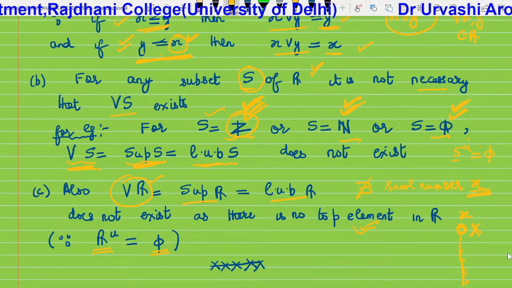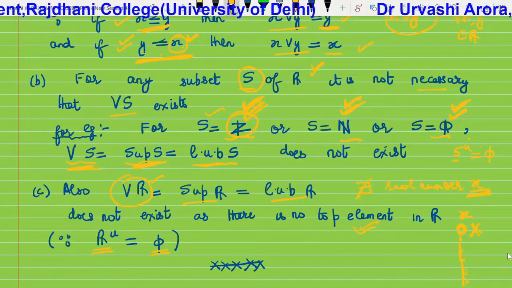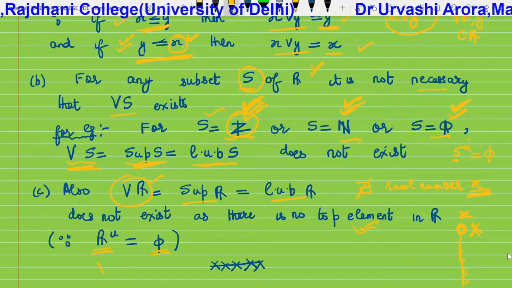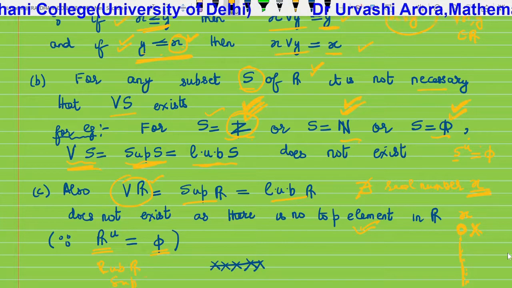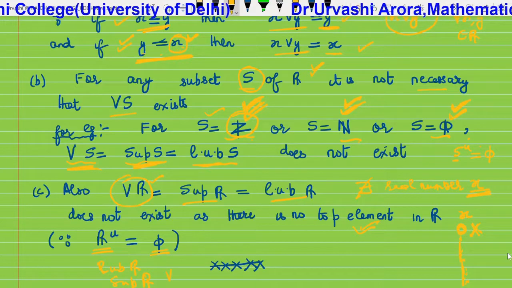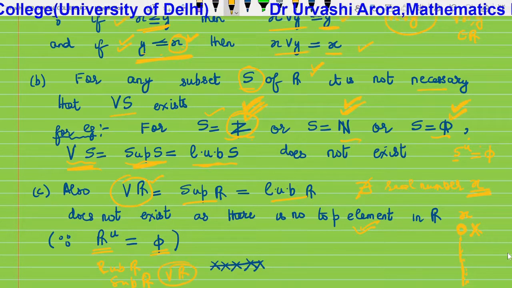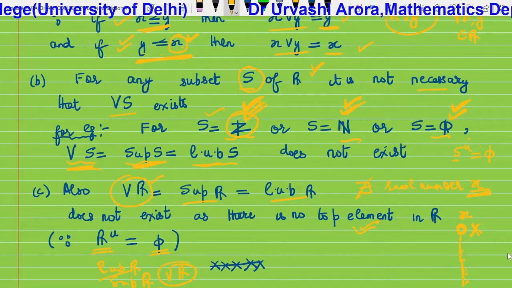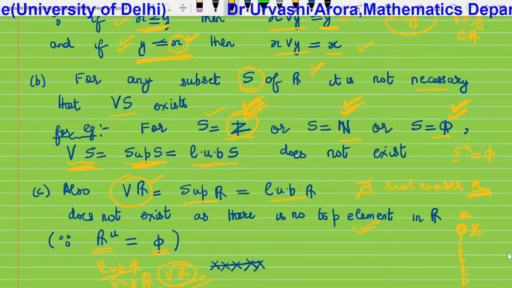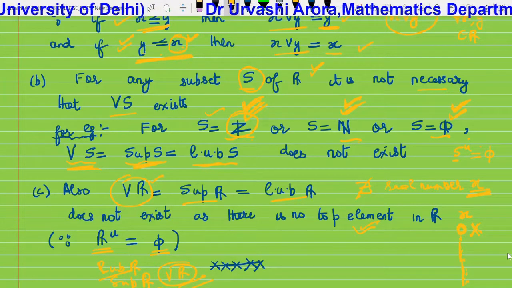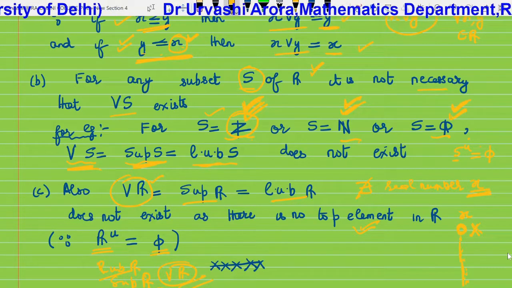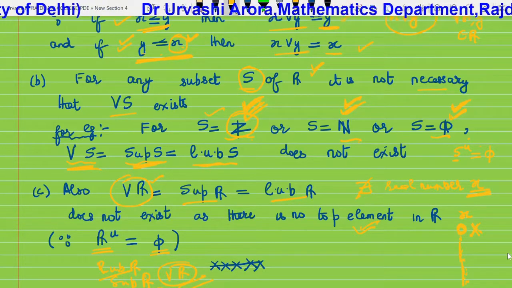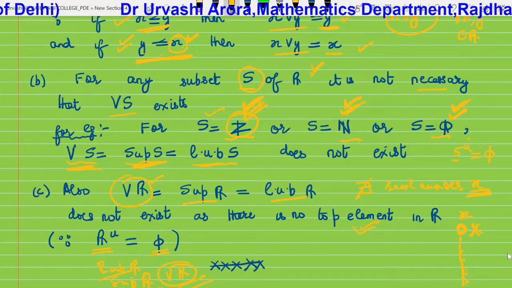And if there is no upper bound of R, then definitely the least upper bound of R, or the supremum of R, or the join of R, cannot exist. We cannot talk of the supremum of R, or least upper bound of R, or join of R. So that was all about the supremum or least upper bound of a subset S, or join of a subset S of a PO set.